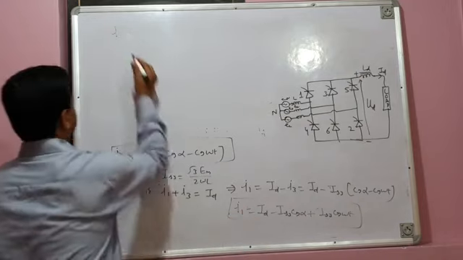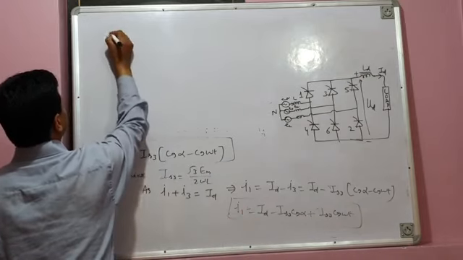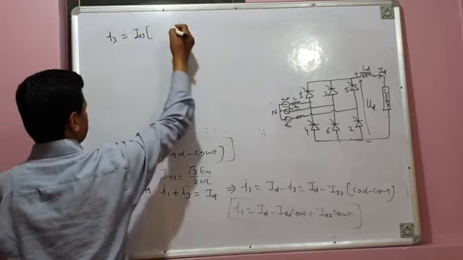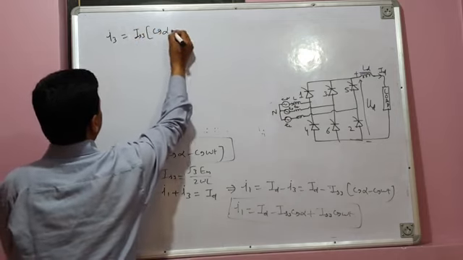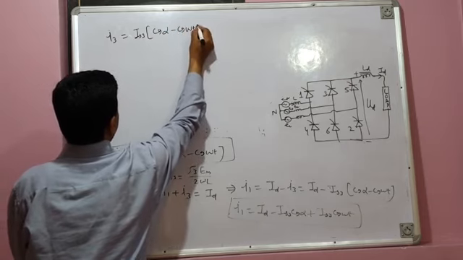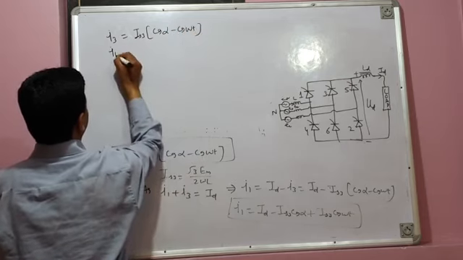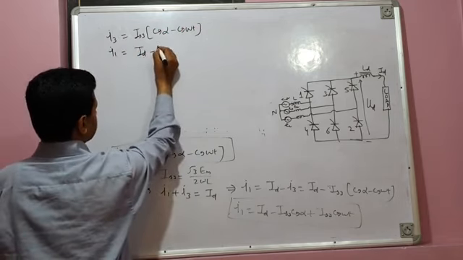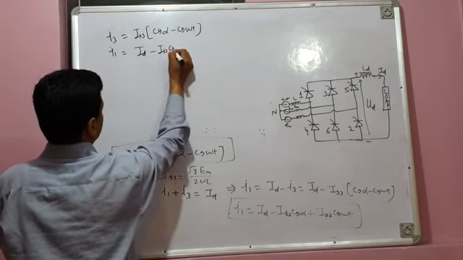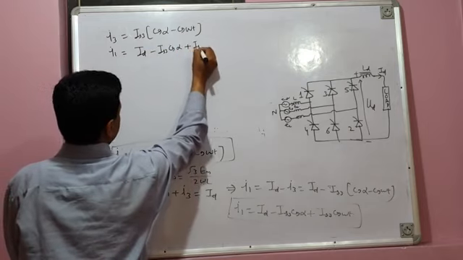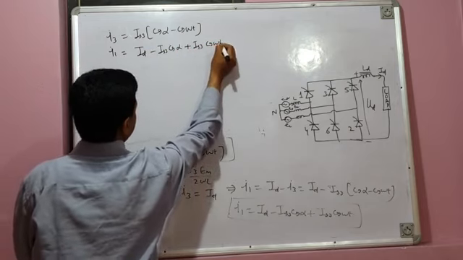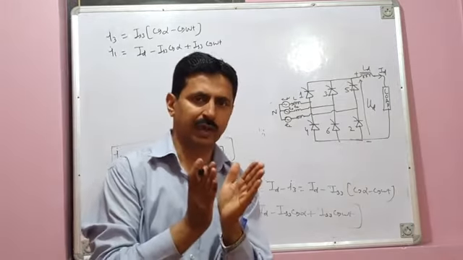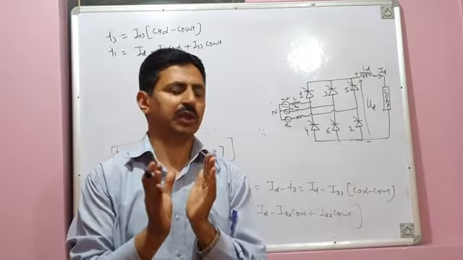The mathematical expression for valve 3 current, I3, is equal to IS3 times cos alpha minus cos omega t. And the expression for valve 1 current, I1, is equal to ID minus IS3 cos alpha plus IS3 cos omega t. These are the expressions for valve currents through valves 1 and 3 during commutation overlap.